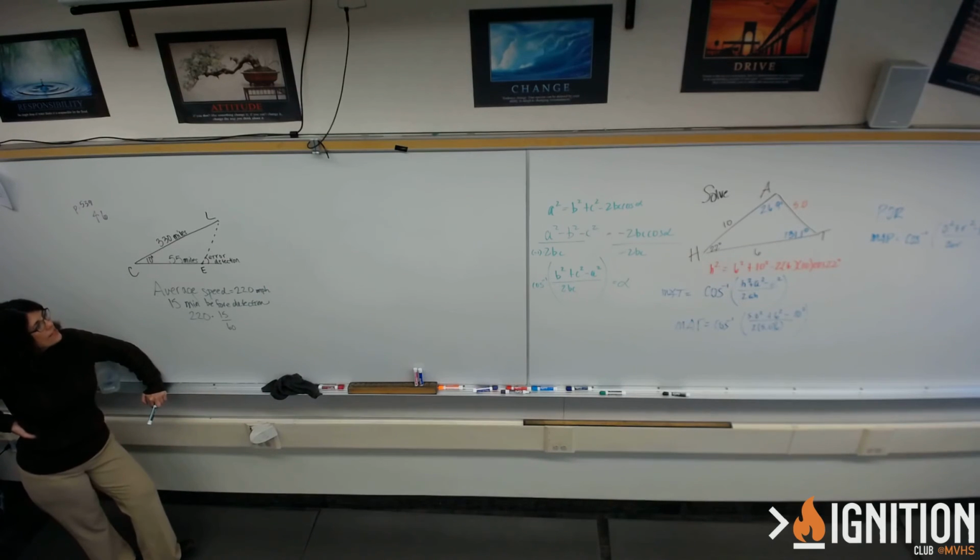Why do I need side C? Because you can do inverse cosine and find the other angle. Because you need an included angle. Okay, I need an included angle. Yep, all those things are right. Go for it.